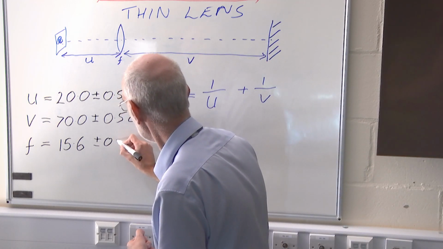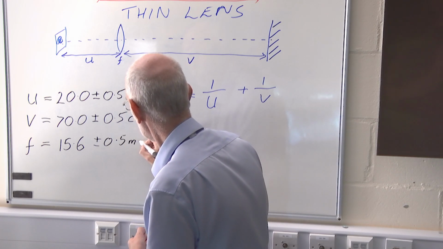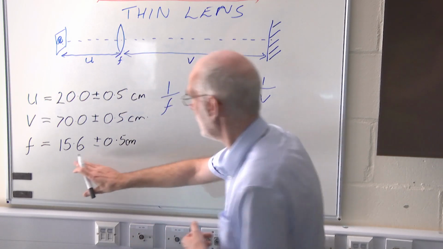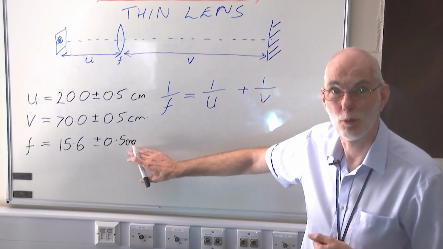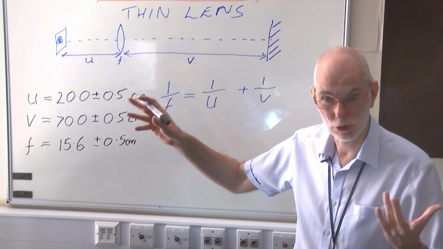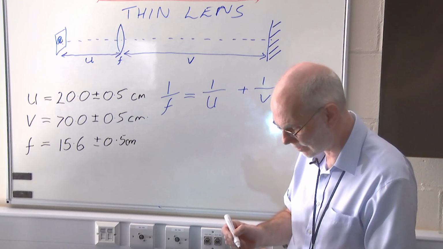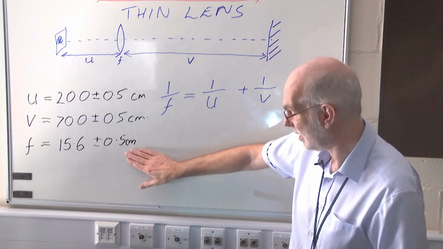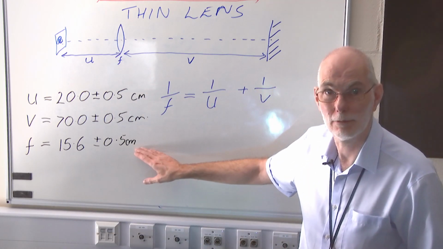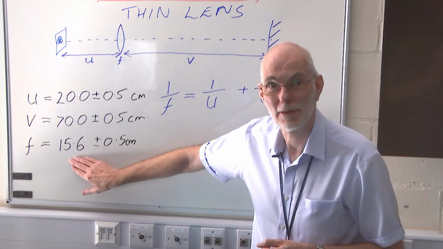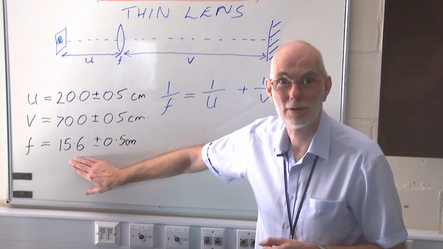It's sort of consistent with the other centimetres. So we've got a result now for the focal length, 15.6 plus or minus 0.5. Now I think it's nominally a 15 centimetre lens, so that kind of makes sense. But here we've worked out not only the value, but how accurately we've done it. So that means that we've now measured the focal length of that lens.